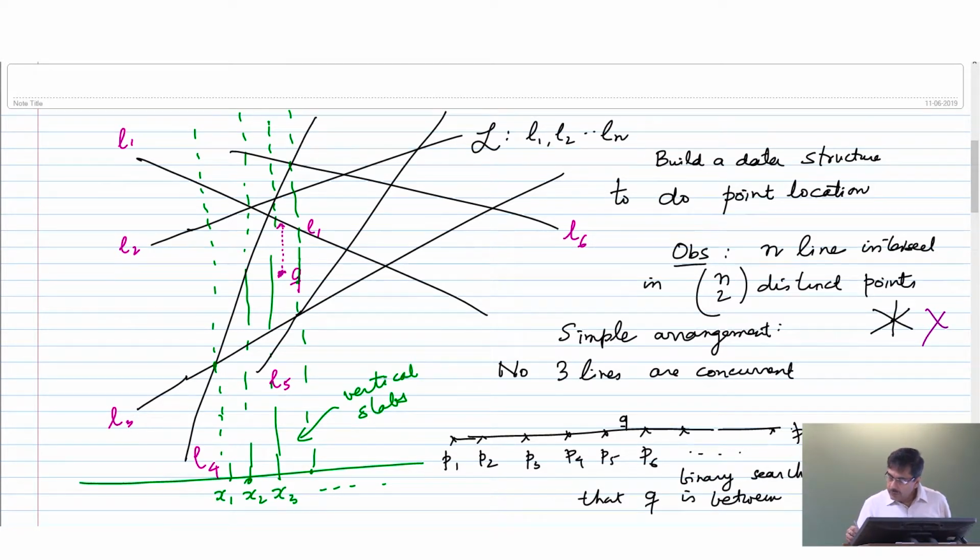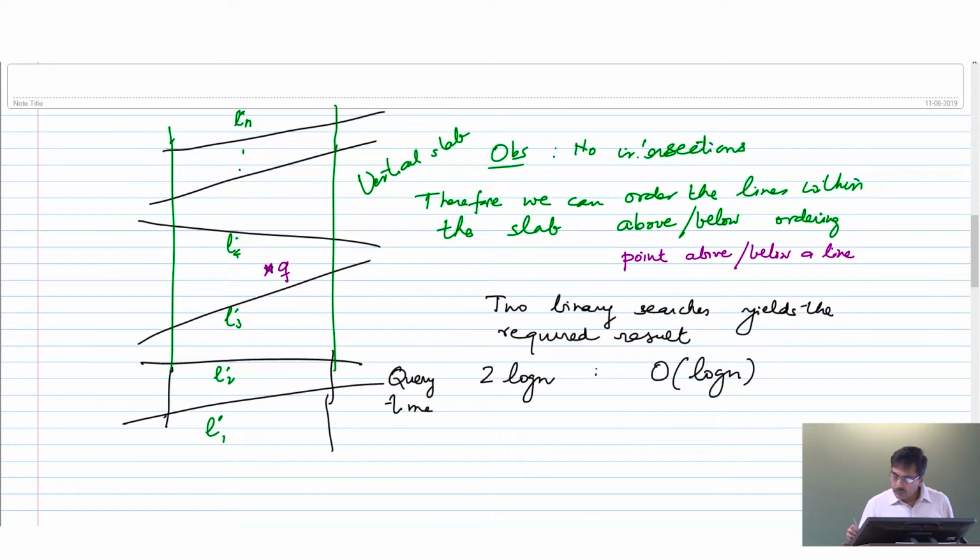Okay. Now, let us look at another problem which may not look very related, but then I will establish a certain relation. Okay. So, now instead of lines we are given points. These are points in 2 dimensions.